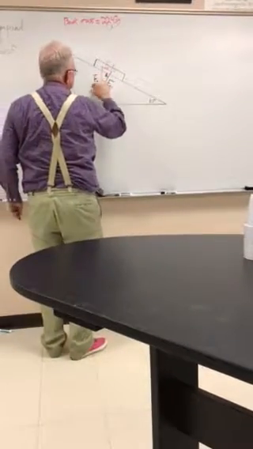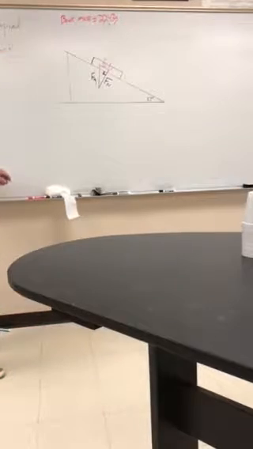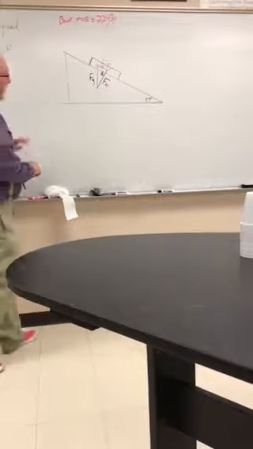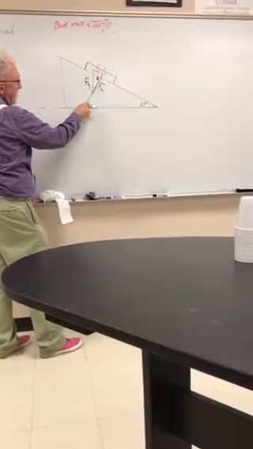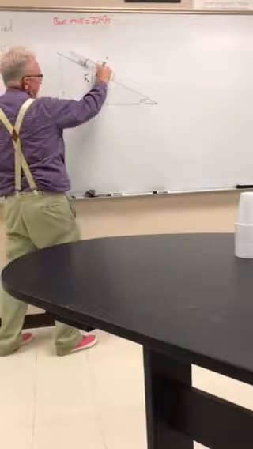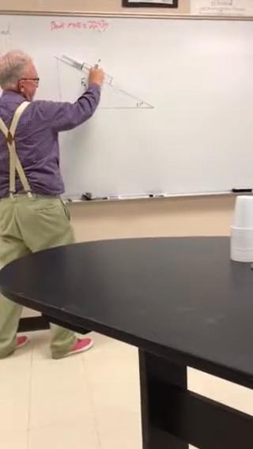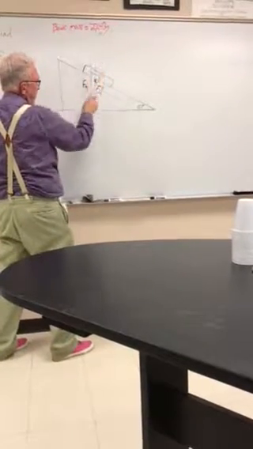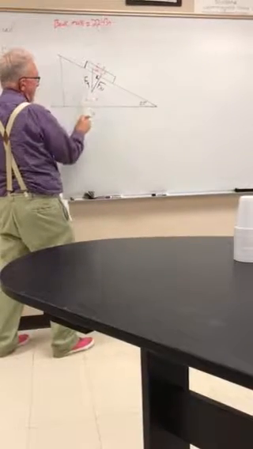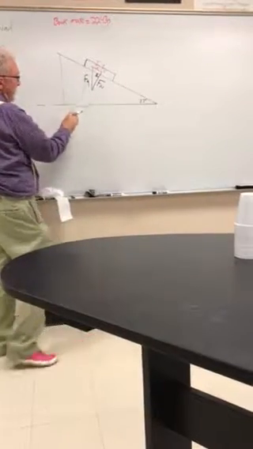Force weight, or force gravitational. So there we go. So now we have force normal, perpendicular to the incline, force parallel, force applied, force of friction, which is this one, and then weight is pulling straight down, force gravity or force weight.